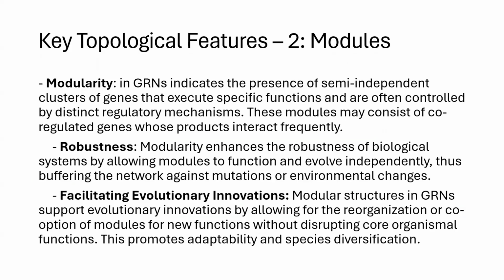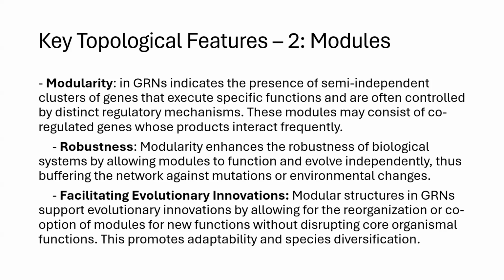Another topological feature of gene regulatory networks includes modules. These are semi-independent clusters of genes. They execute specific functions. They're controlled by distinct regulatory mechanisms. And modules might interact through their products, but there may not be any feedback and control back between the two. All right, so this is a degree of modularity, and it allows isolation of the control.